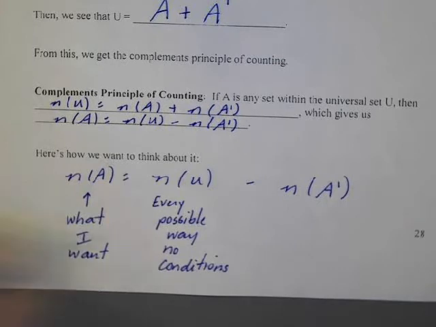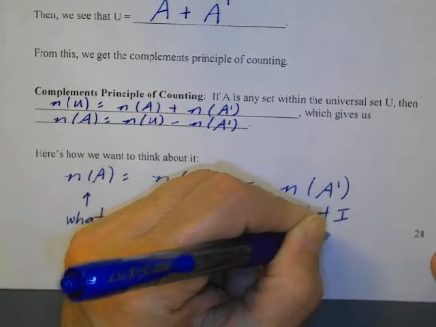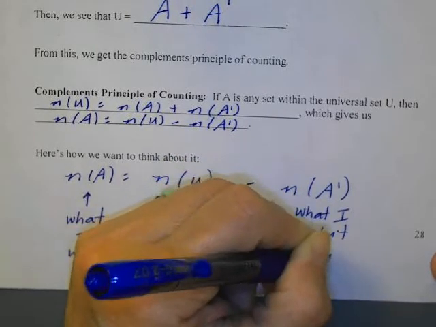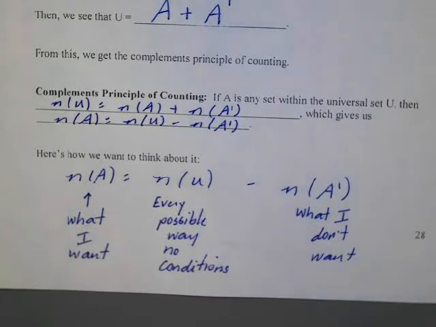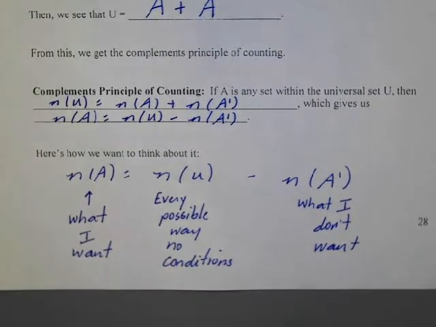And A prime is what I don't want. And we're going to learn with these problems that sometimes it's easier to find it all and take away what doesn't work to come up with our answer.